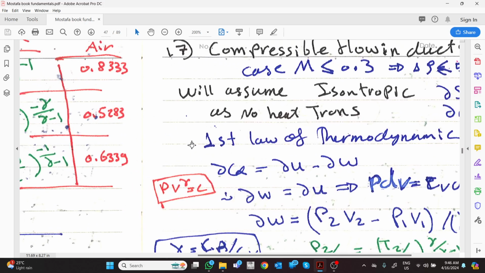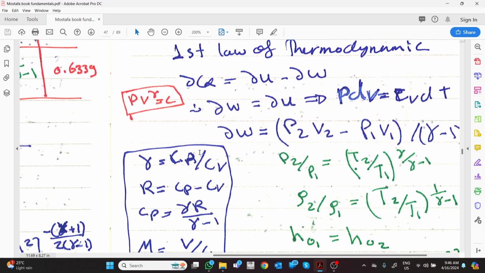Okay, so from the first law of thermodynamics, dQ equals dU, the internal energy, minus dW. We already discussed this before, if we can remember: internal energy, heat, and work, and there are other forms, which can be discussed, but this is the first law of thermodynamics.